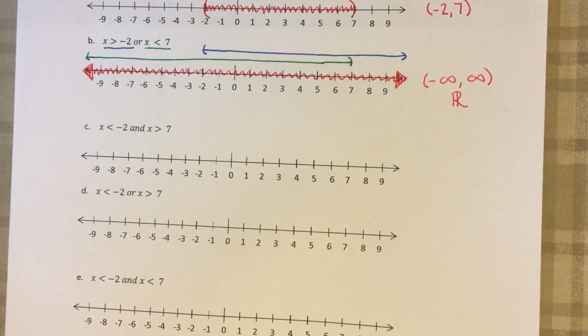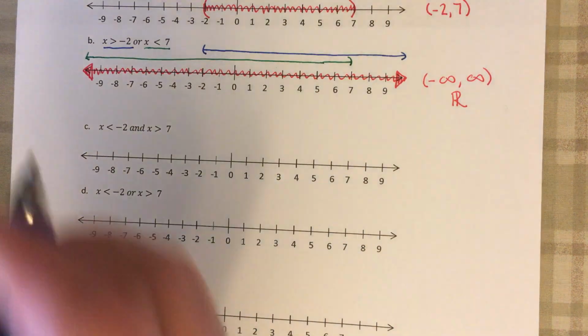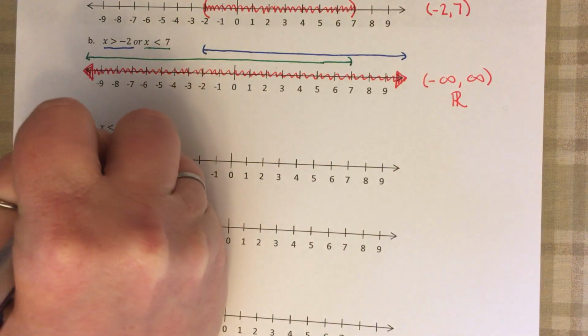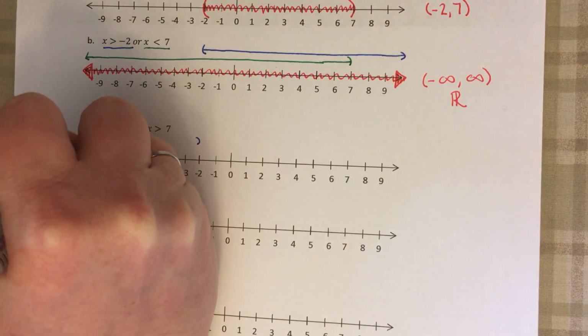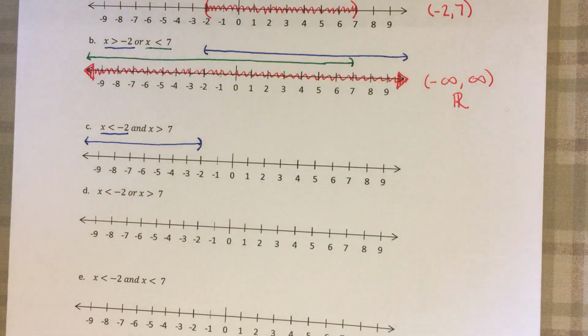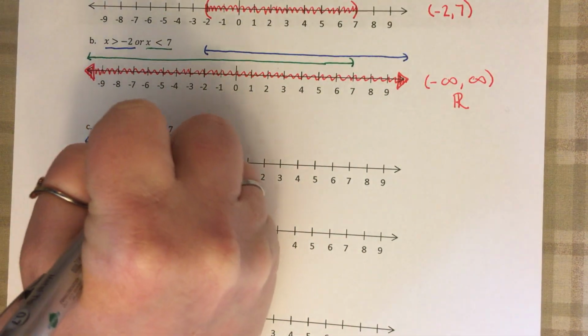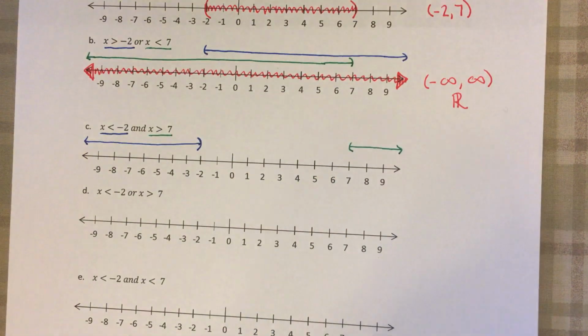All right, we're going to do the same thing for examples C and D. One of them is an and, one of them is an or. So x is less than -2. We're going to start at -2 and we go to the left because we are less than. X is greater than 7. We start at 7 and we go to the right.